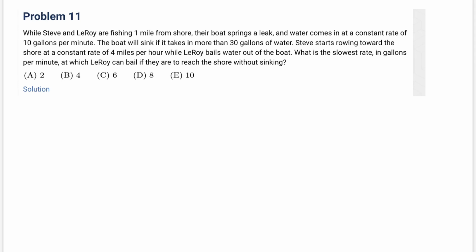Okay, so it's coming in 10 gallons per minute, and they're fishing 1 mile from shore, and Steve is rowing at 4 miles per hour. So they will get to shore in 15 minutes. So if Leroy does not bail, then 150 gallons of water would come in, but the boat can stand up to 30 gallons, right?